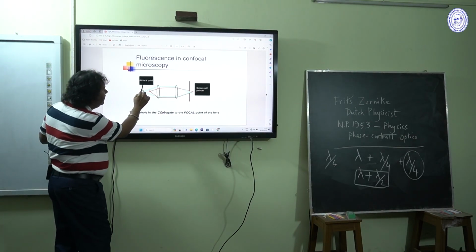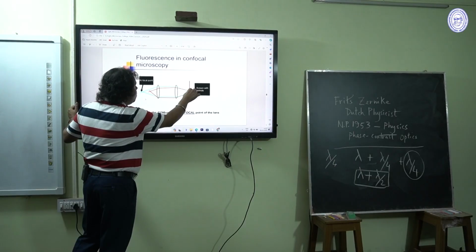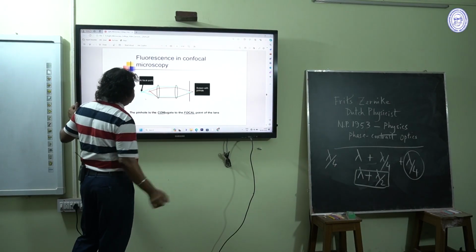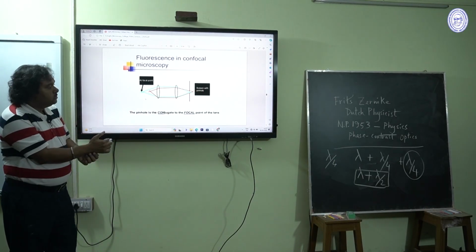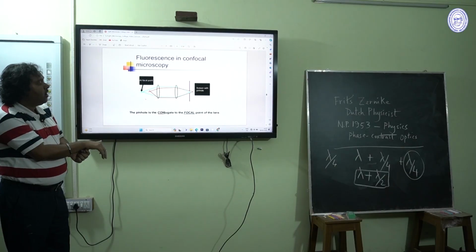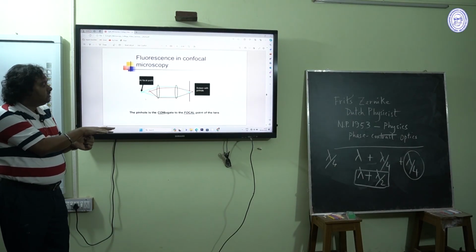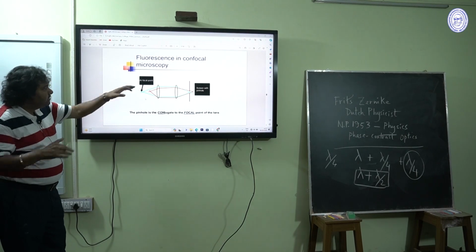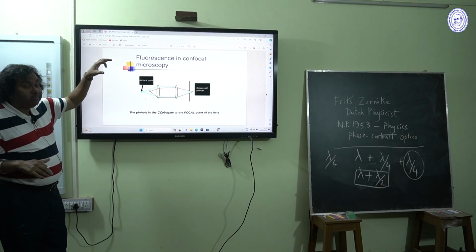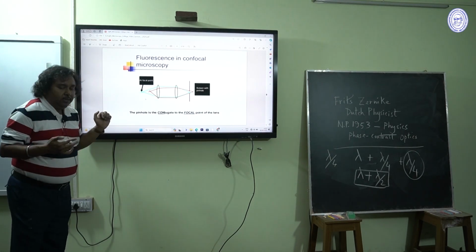It is the focal point, and it is its conjugate focal point. So it is using a conjugate focal point, and it is simply known as confocal.